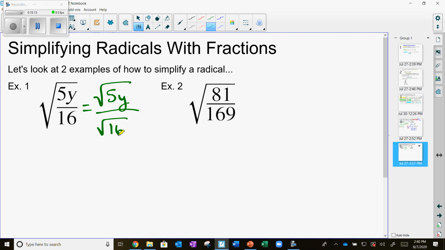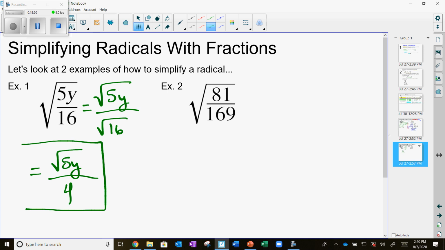Well, 5y represents a product, but 5 is prime, and so is y. So I can't really simplify anything there. So the numerator is going to stay root 5y. The denominator, on the other hand, I know that the square root of 16 is the number 4. So that has been simplified as much as I can.